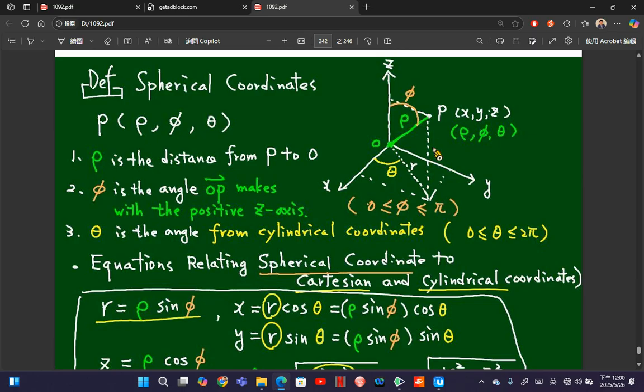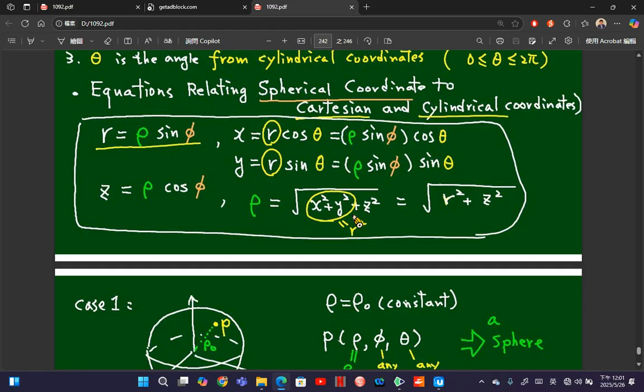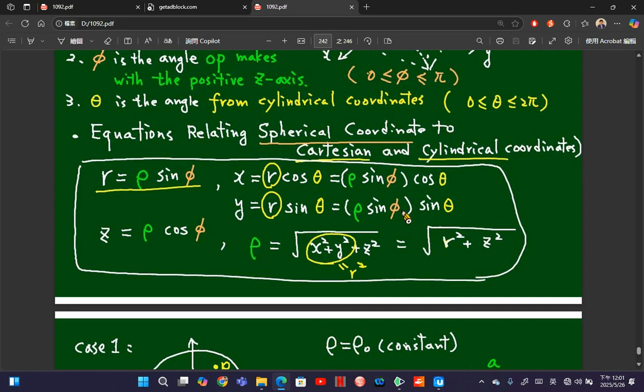That's why we need to learn the xyz system first, then go to the r theta z system, then finally the rho phi theta system. You can see it becomes a little bit complicated, but it can still be realized by these equations.